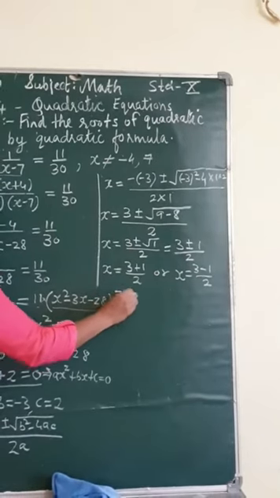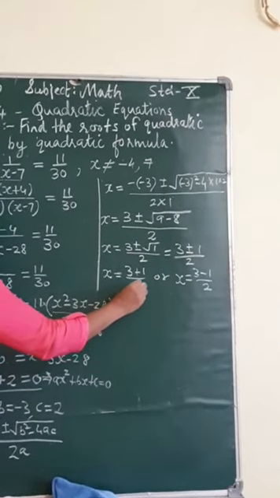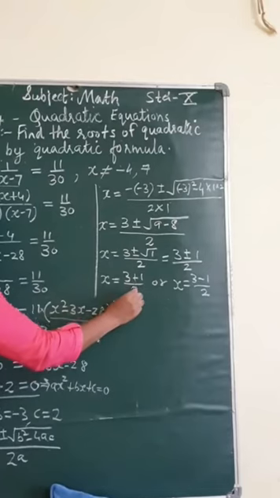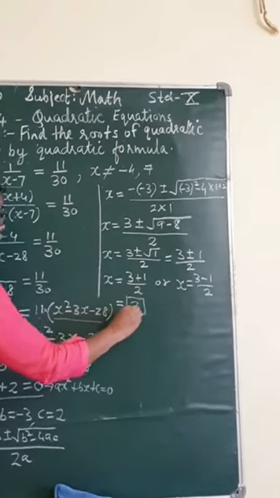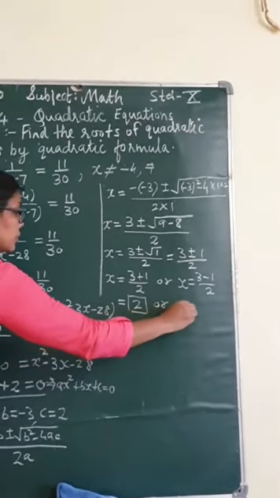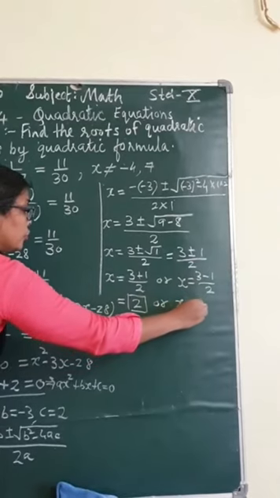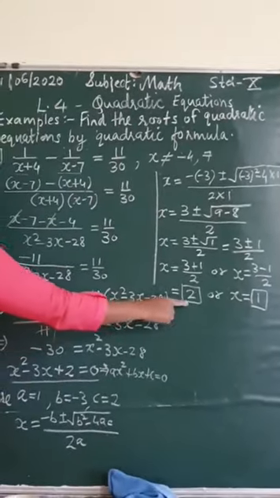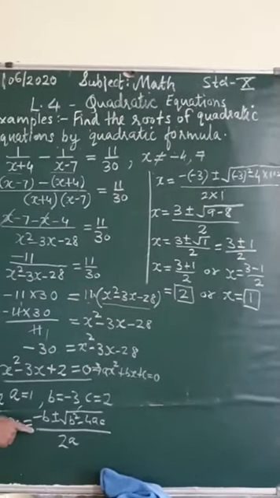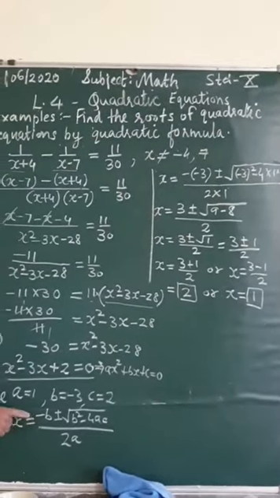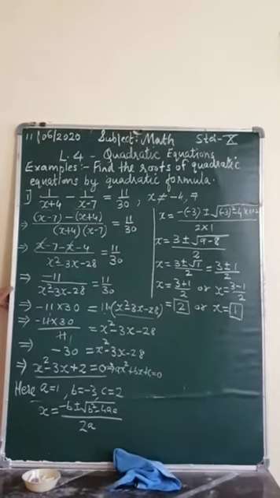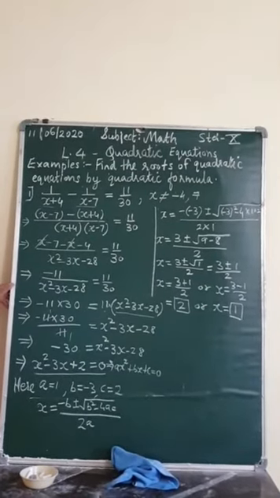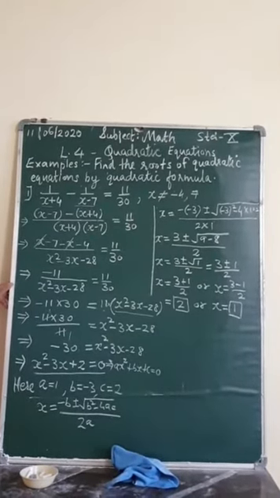So this gives us x as 4 upon 2, that is 2, or 2 upon 2, which is 1. So the roots here are 2 and 1, found by using the quadratic formula, which is minus b plus or minus square root of b square minus 4ac, upon 2a.